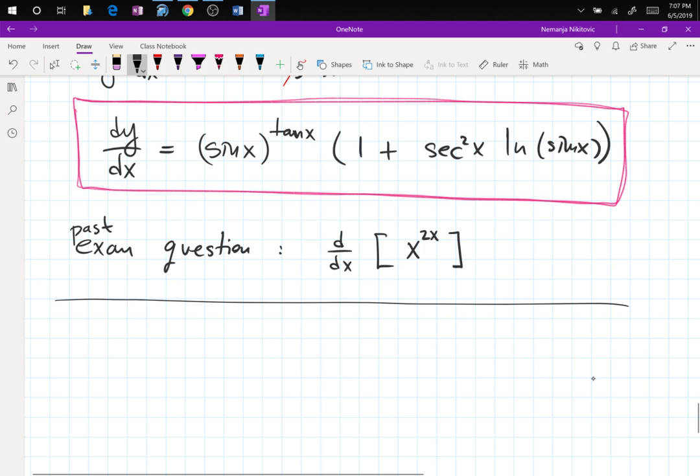Same rules. ln 2x drops down, you have the product rule, and then everything unfolds. So it's cool. x over 2x, right? Yeah. All right.